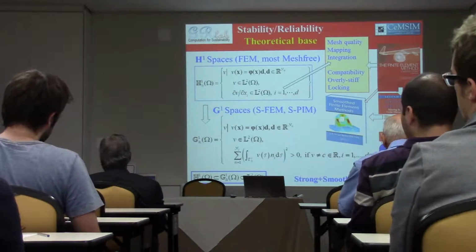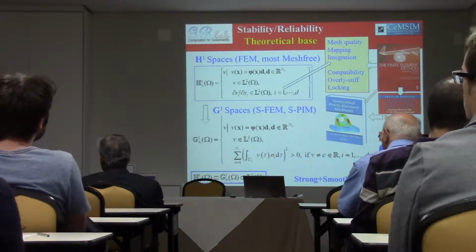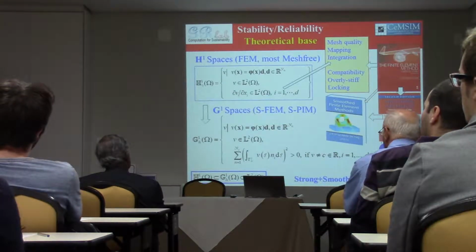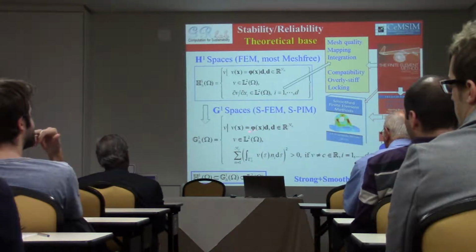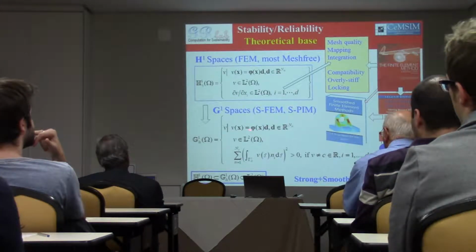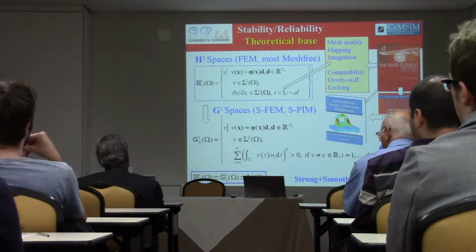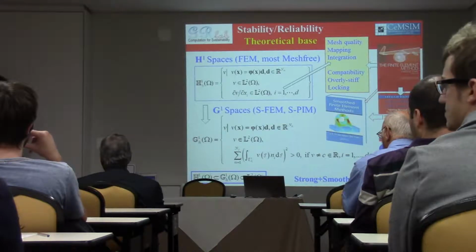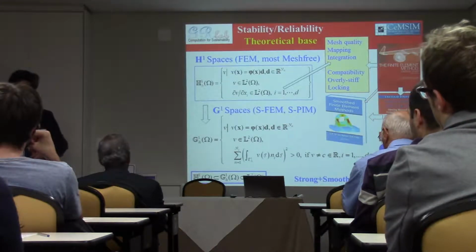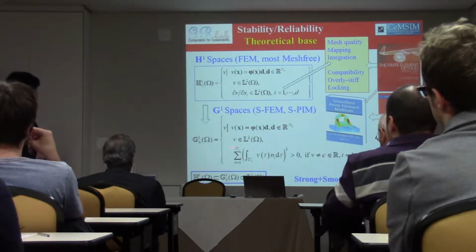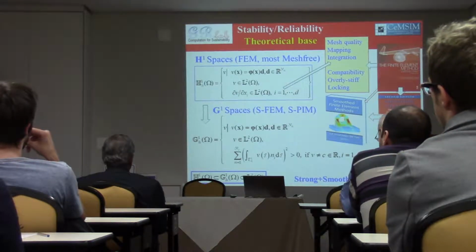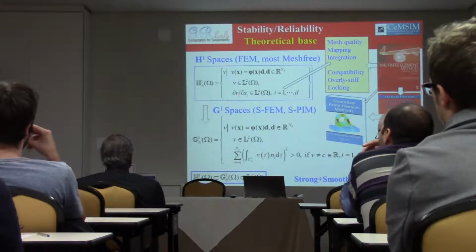The G-space theory is actually quite similar to the H-space. If you look at the definition, we also use shape functions and nodal displacements. The shape functions here may be created based on nodes, not necessarily based on elements, because it comes from the mesh-free idea. This function will still be in L2 space, but then we remove this condition.